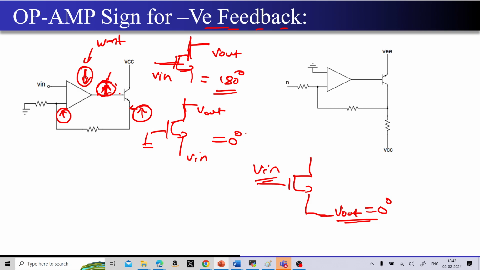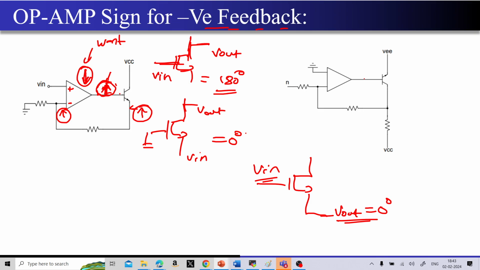And if I want this node to go down, what should be the sign of this particular terminal, negative or positive? What do you think? Should be negative. Negative. Great, very good. So now if I increase the voltage on the negative side, then only the output can reduce and this disturbance will be completely gone, right? So this question is clear.